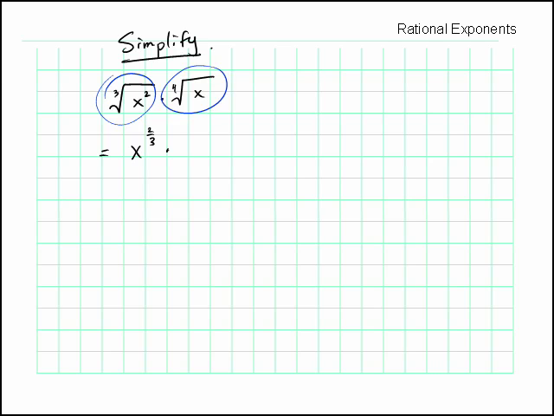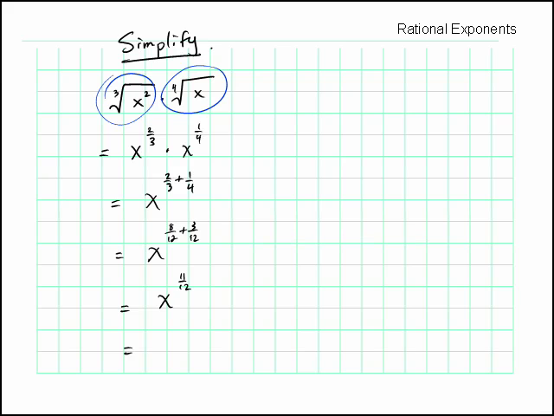The 4th root of x is the same as x to the 1/4. Now that I've written them as fractional exponents, I can add those exponents together. This is x to the 2/3 plus 1/4. Got to get a common denominator, which is 12. So this is going to be 8/12 plus 3/12. Adding those together, that's x to the 11/12.